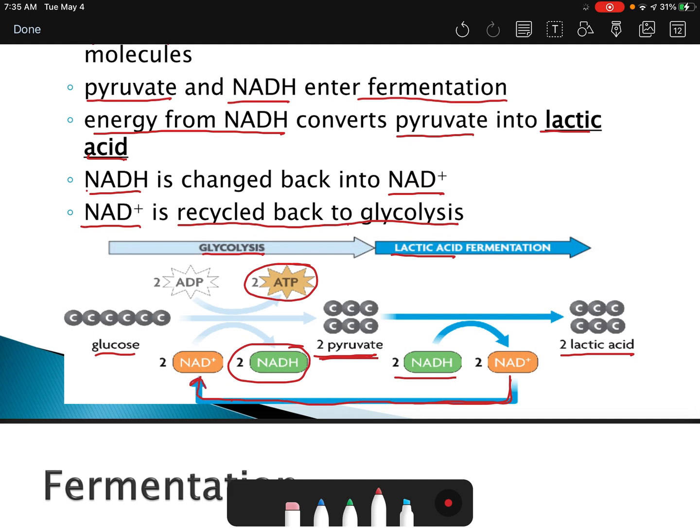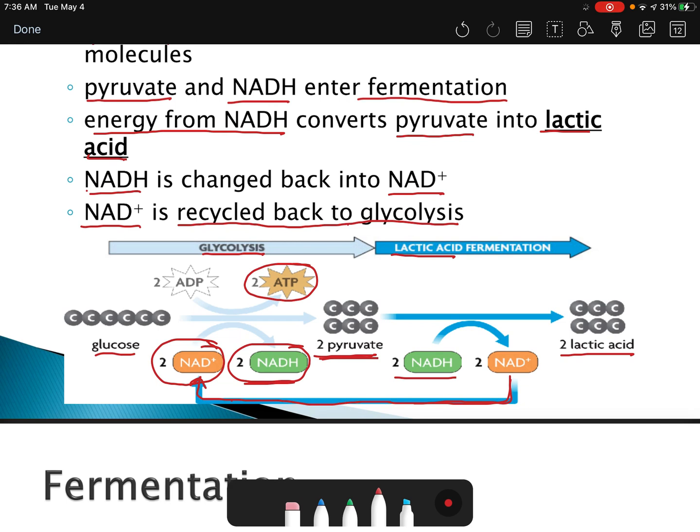So that's what we mean when we say fermentation allows glycolysis to continue, because when we're breaking down glucose, we're going to need these electron acceptors in order to make the NADH here. Now normally, if we were carrying on cell respiration, these electron acceptors would be coming from the electron transport chain. Remember when we bring all those electron carriers down there and they release their protons, those hydrogen ions, and their electrons into the electron transport chain?